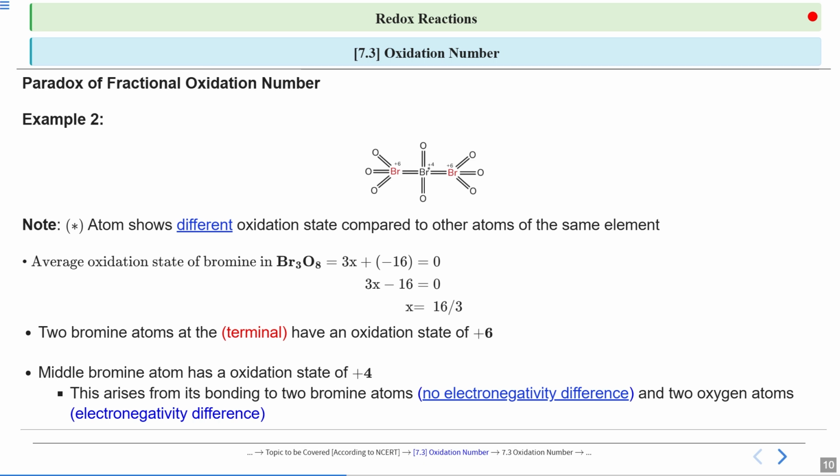That means they also do not have an electronegativity difference, but the bromine and oxygen have that electronegativity difference. This is the overall effect on the central bromine atom, and due to all this, the middle bromine atom has an oxidation state of +4. I hope this is clear to you.